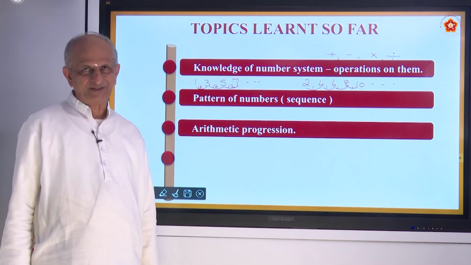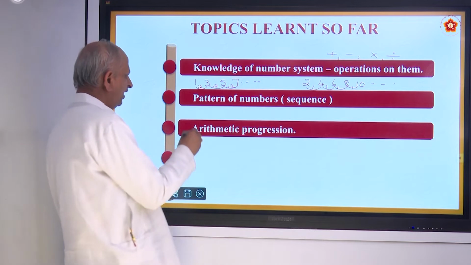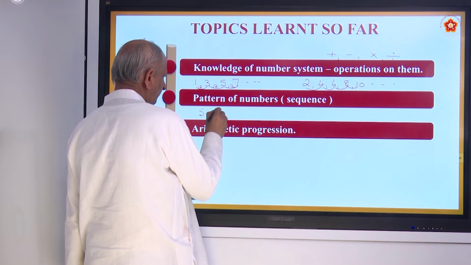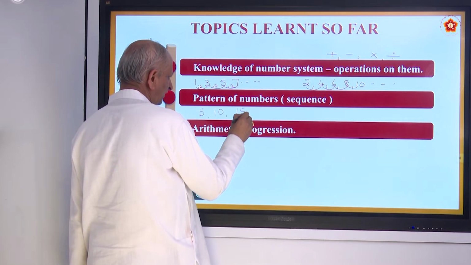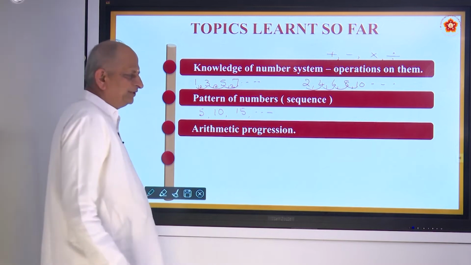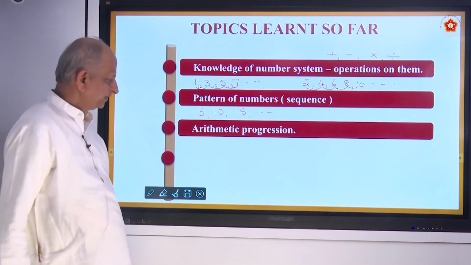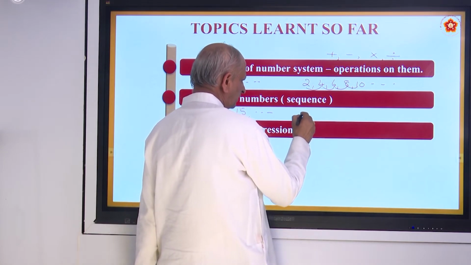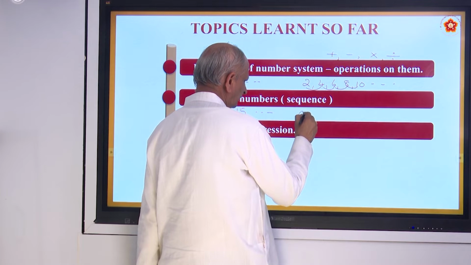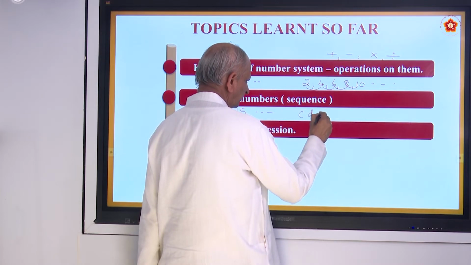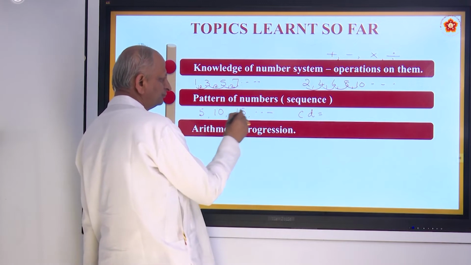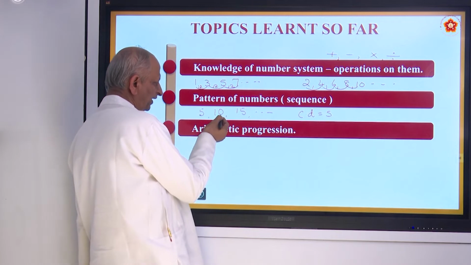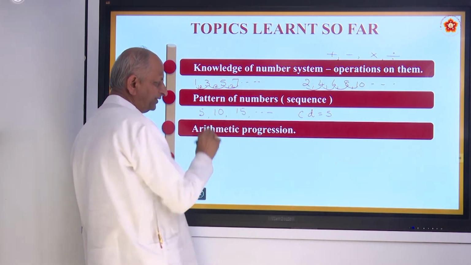In arithmetic progression, suppose you have numbers like say 5, 10, 15, etc. These are numbers divisible by 5. Here we have what is called as common difference. We call it as CD, common difference. What is the common difference here? 5. How do you get it? Second term minus first term, third term minus second term.